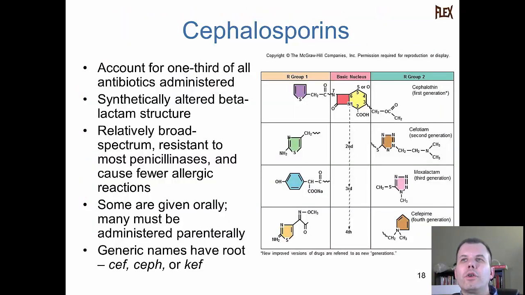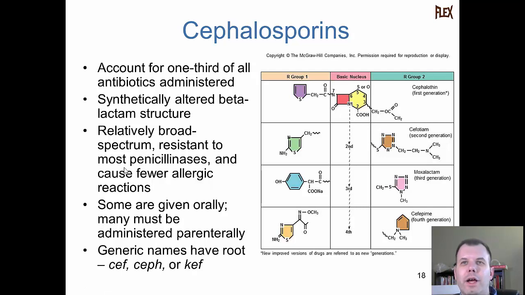All right. Another group is the cephalosporins. And again, you can see the beta lactam rings a little bit different. And this time, instead of a penta ring, you have now a hexagon here. Again, a lot of times people will take cephalosporins if they're allergic to penicillin, because it's less allergies. And the other nice thing is that bacteria are less resistant to these guys.